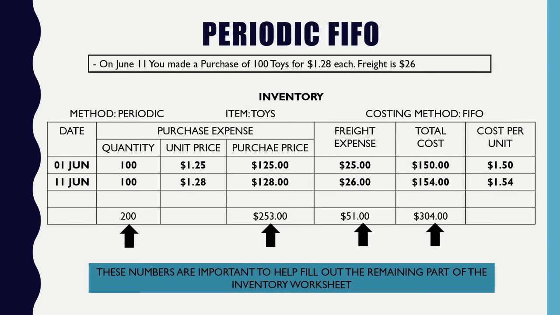I solved it already, right? I took my purchase price of 100 items, multiplying by $1.28 to give me 128. I'm going to add my freight of 26 to give me a grand total of 154. And then I'm going to solve for my cost per item, which is 154 divided by 100, giving me $1.54. Okay?